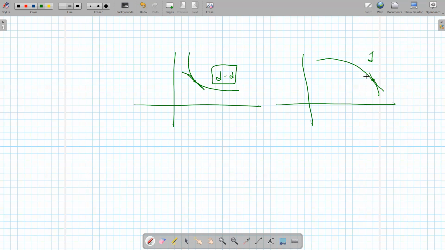This one is decreasing for sure because the tangent is going down. What about the rate? Look at the trend. Is it becoming bigger or smaller? It's becoming more vertical, the tangent line, right? We started horizontal and then it started being vertical, vertical, vertical. This is decreasing at an increasing rate.